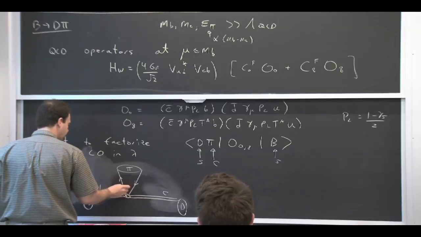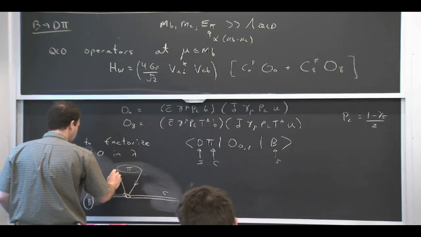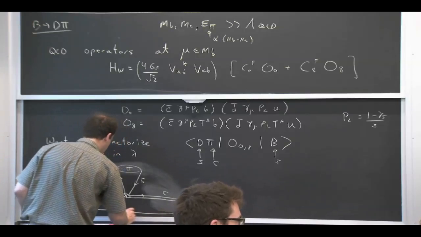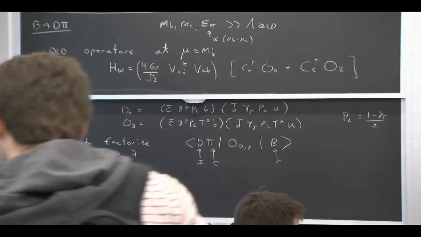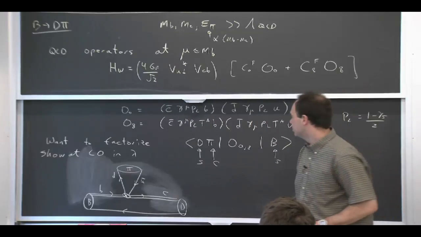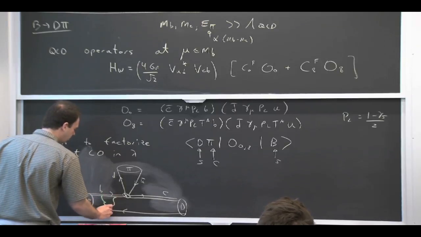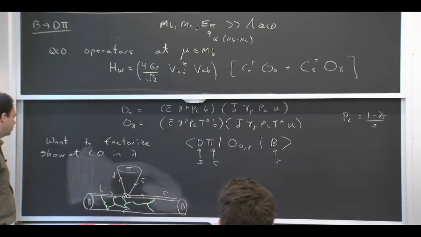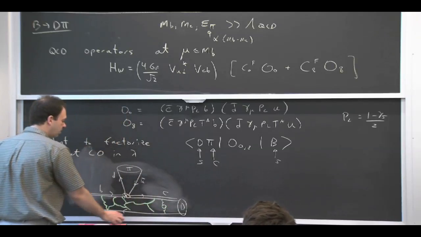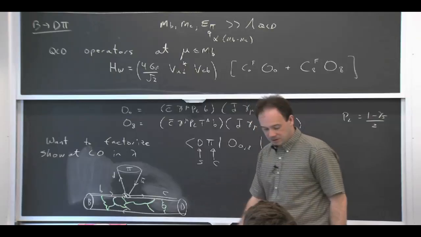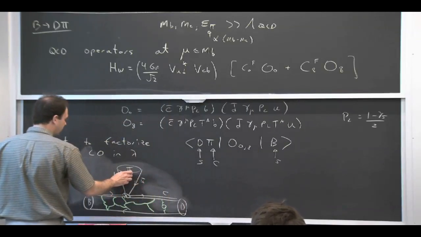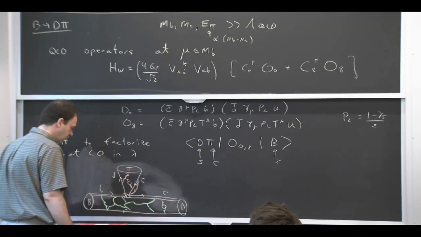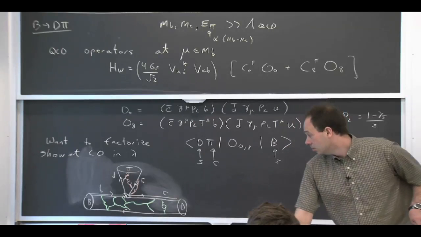So this is B, charm, U and D, and there's an antiquark, and we have to address this by gluons. And if it's going to factorize, then the way that we should address it by gluons is as follows. We would have soft gluons here, and they could interact between things in the B and the D, because the B and the D are both soft. And we can also have vacuum polarization diagrams. And that is going to factorize from things in the pion, which are going to be collinear. So we have our collinear gluons and collinear quarks inside here, and maybe there's some Wilson lines too. So we would expect some kind of picture like that, and that's actually what we do find.